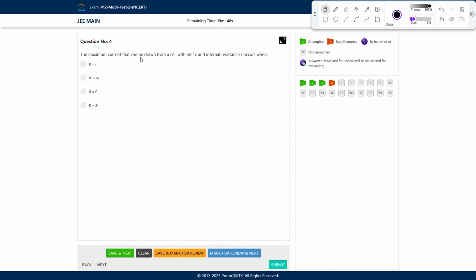Okay, the maximum current that can be drawn from a cell with EMF E and internal resistance r occurs when? Okay, so we have discussed when there is external resistance capital R and there is a battery with internal resistance small r connected.